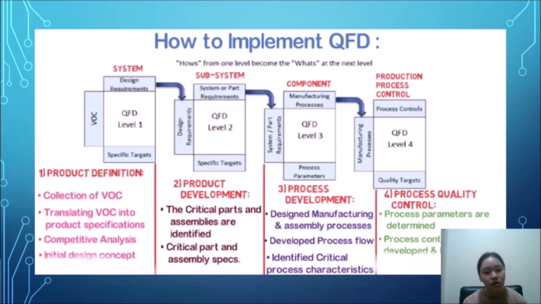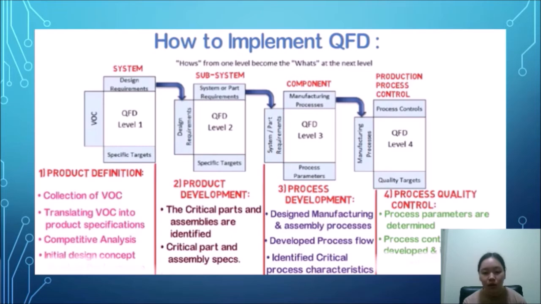The basic level starts off with the collection of voice of customer, then translating it into product specification. Then competitive analysis is conducted. On the next level, the critical parts and assemblies are identified.